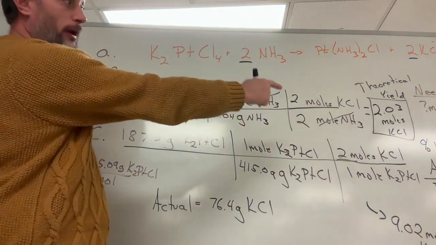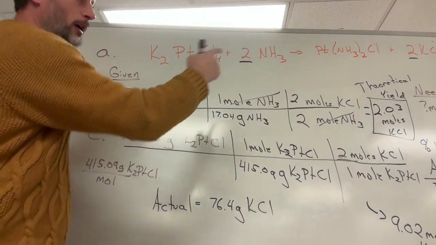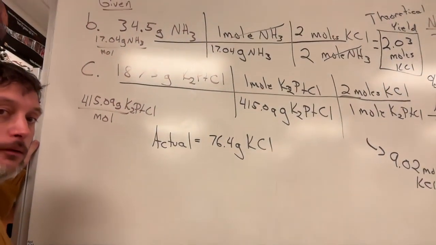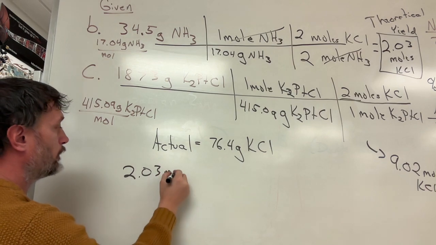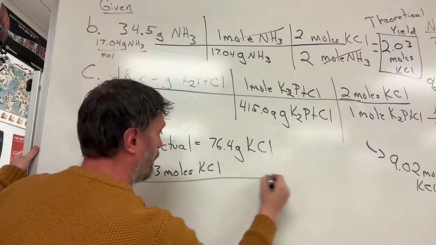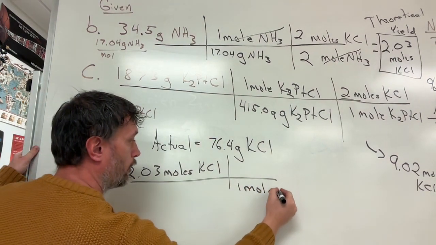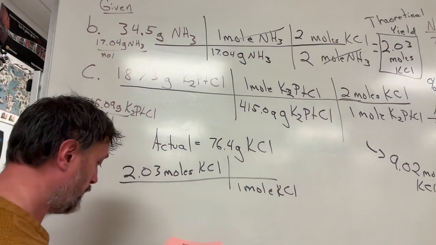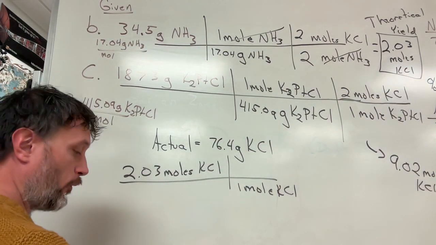Okay, so my theoretical yield was in moles. My actual yield is in grams. So I'm going to do one more step there. Bump this down just a little. So I've got 2.03 moles KCl. And I need to figure out how many grams that's going to be. 1 mole of KCl. Grab my periodic table. Potassium is 39.1. Chlorine is 35.45.